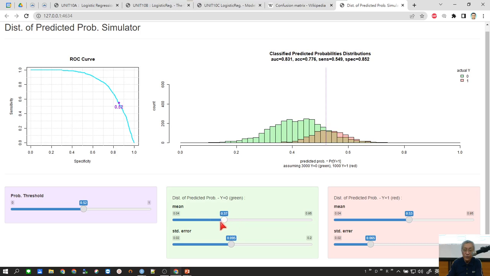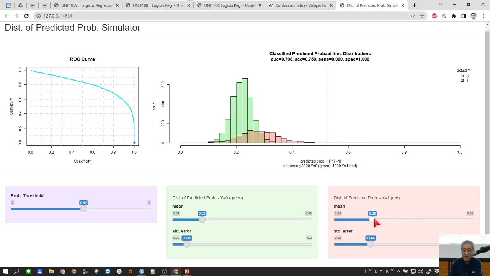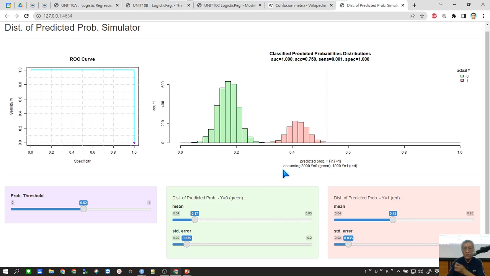For example, if you have something like this, if your green and 0 distributions do not overlap each other, right?